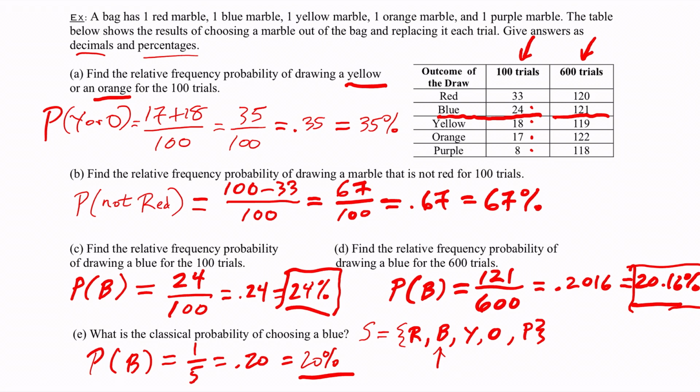And each of those was getting closer to the theoretical probability of 20% when we consider the sample space here. And in fact, if we were to perform this experiment even more times, we may expect that the relative frequency probability would get even closer to 20%.